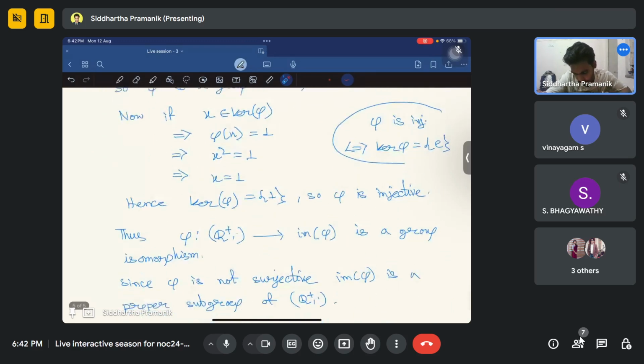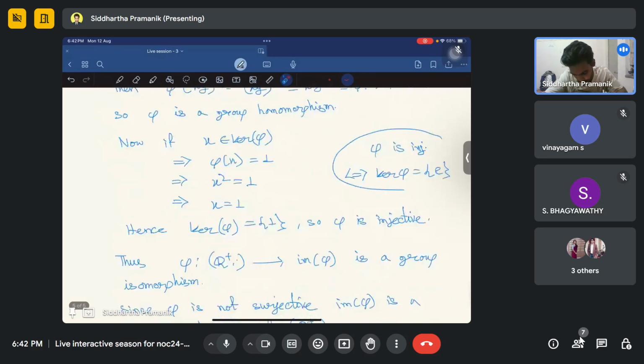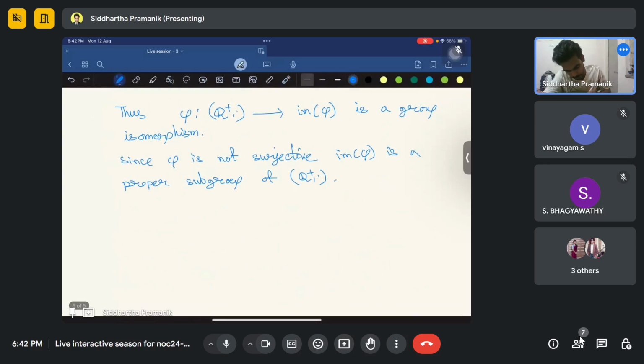So let's put it in a simple way. Okay, let me write it here. Now phi is not surjective because there exists no positive rational number such that its image is equal to 2.